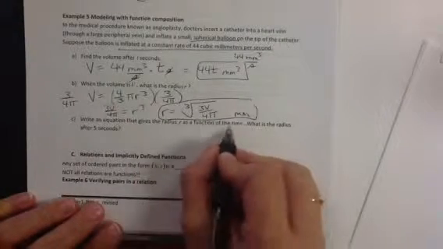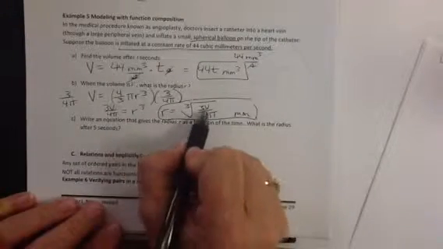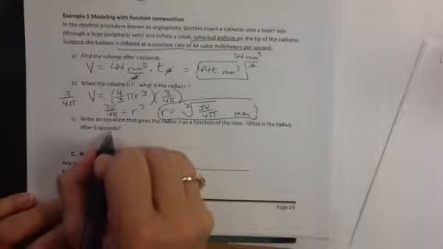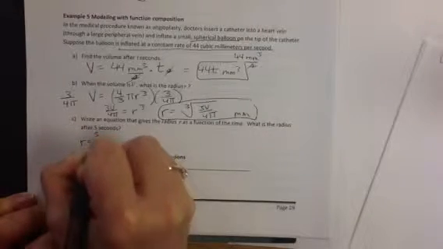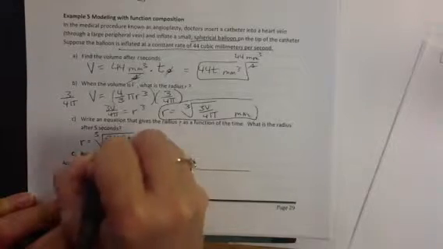Write an equation that gives the radius as a function of the time. In other words, not a function of the volume, but a function of the time. And then find that radius after 5 seconds. So r equals the cube root of 3, and v happens to be 44t, all over 4 pi.